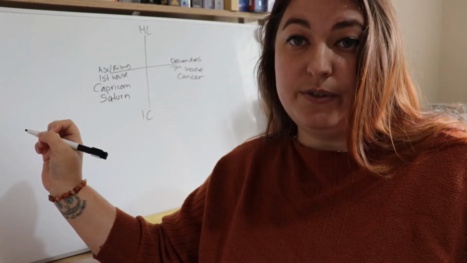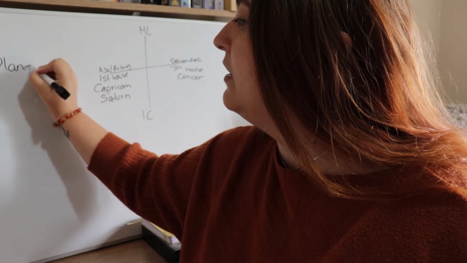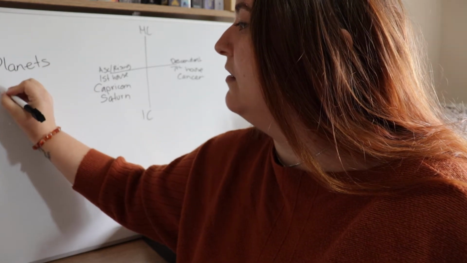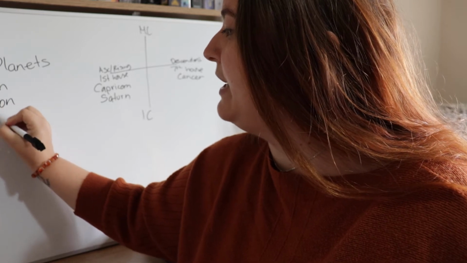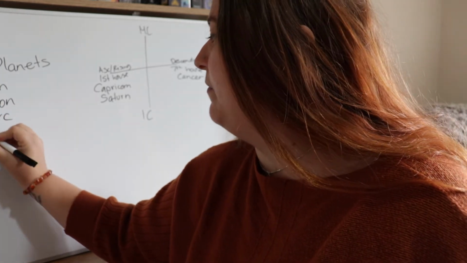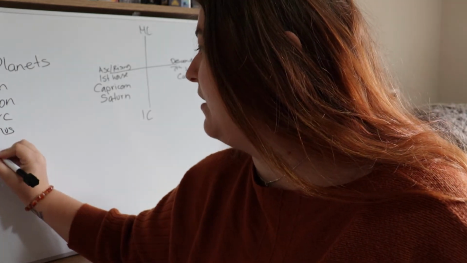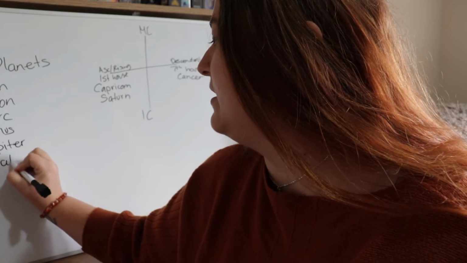In terms of your planets, I'm just going to list them quickly because we do have some interesting aspects. So the Sun, the Moon, Mercury, Venus, then we have Jupiter and Saturn.